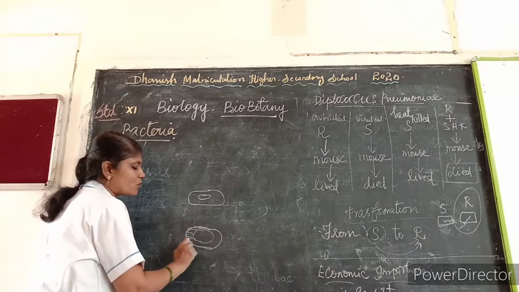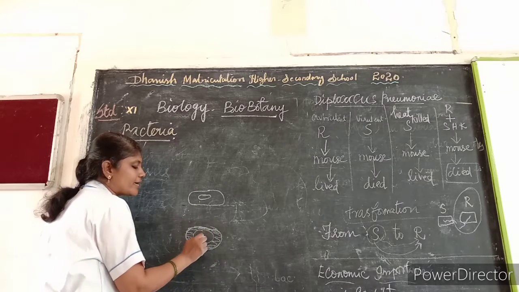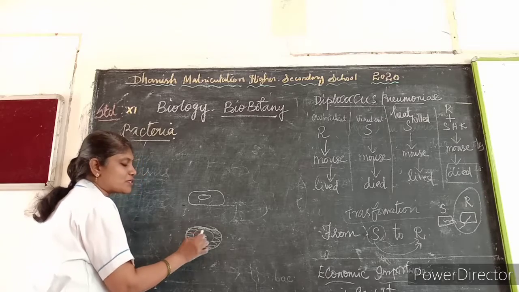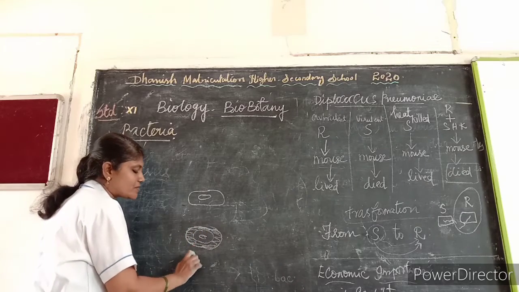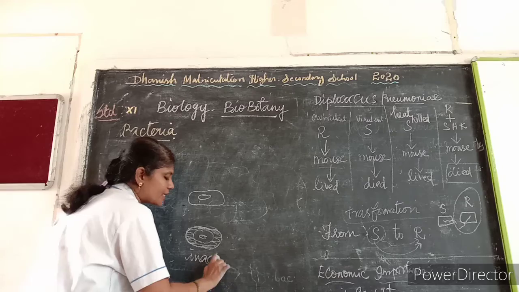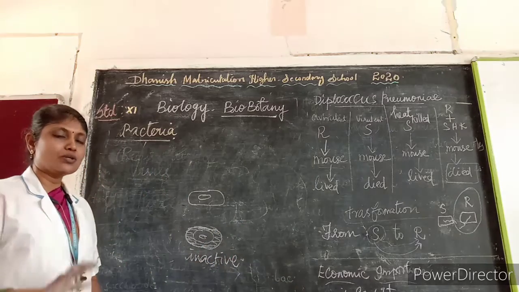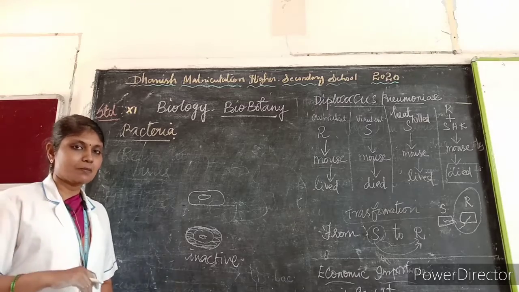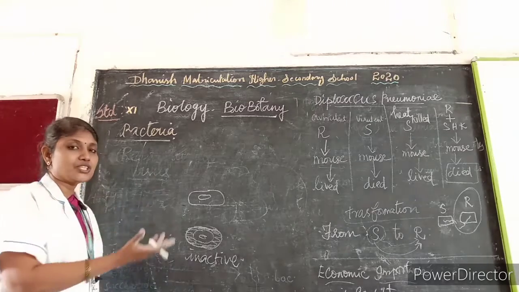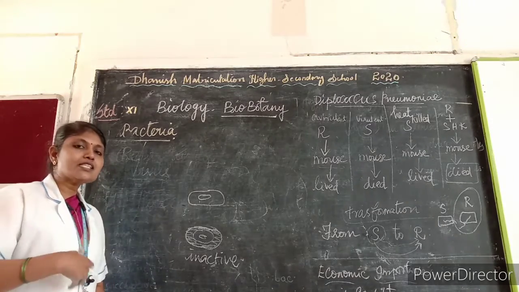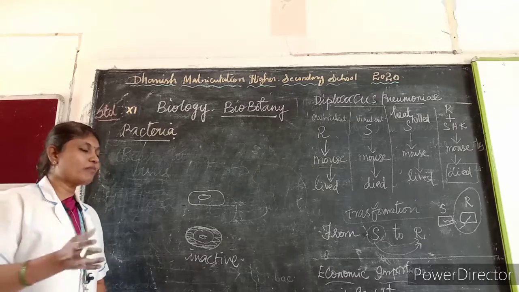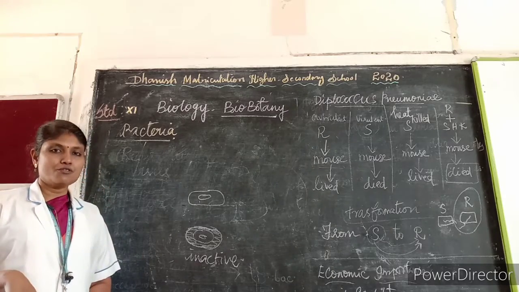Encapsule is the thickened coating around it. So this is called encapsulation and it becomes inactive. It stays as such during unfavorable condition. Once the favorable condition returns, it starts multiplying on its own by the method of binary fission.